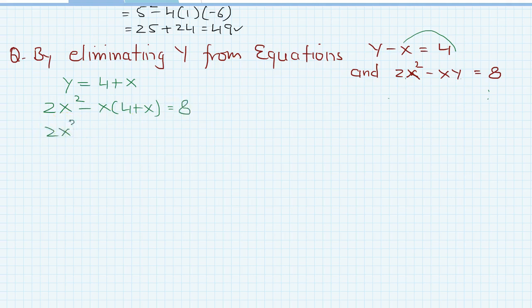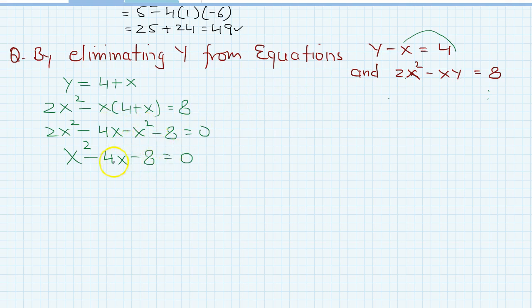So this is 2x square minus 4x minus x square minus 8 is equal to 0. We are going to take 8 this side. So our equation is 2x square minus x square is x square, minus 4x minus 8 is equal to 0.